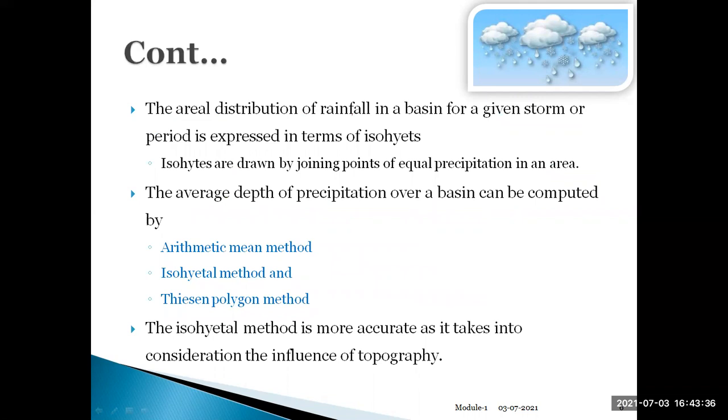The areal distribution of rainfall in a basin for a given storm or period is expressed in terms of isohyets. So usually we use isohyets to represent the areal distribution of rainfall, that is, on a particular area, how much rainfall has occurred. Isohyets are the lines joining the points of equal precipitation, like the contour.